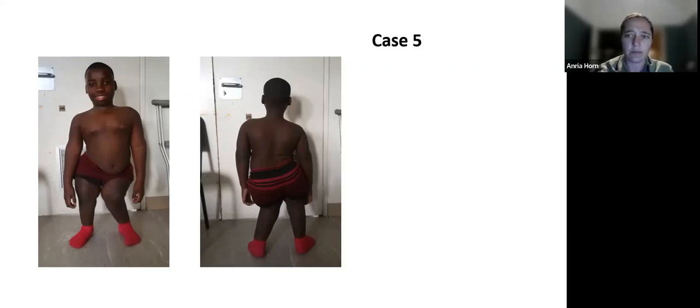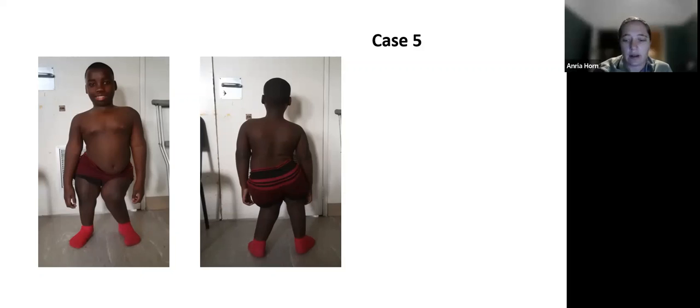With his torso and upper limbs being in proportion lengthwise to what you'd expect for his age, his lower limbs I would think are shorter, but that could just be because of the picture, the fact that his pelvis is tilted. Would you say this is a proportionate or a disproportionate dwarfism? Disproportionate. Yeah, all right. Would you like to see some x-rays? Yes, please.